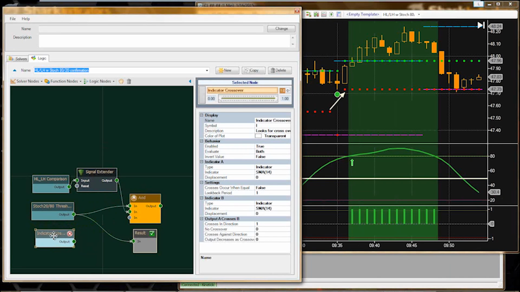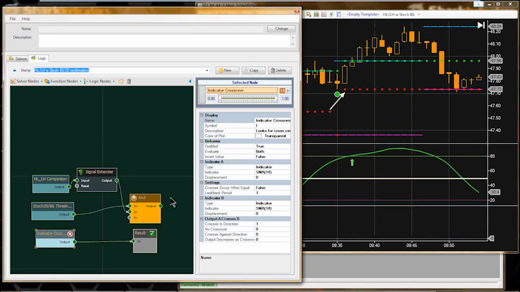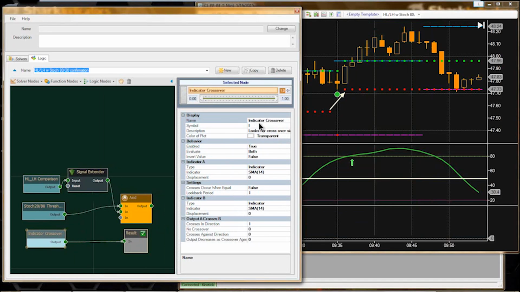For some reason on this machine, sometimes this crossover takes a little bit. So let's set this crossover to look for the stochastic to cross the 80 and 20. And let's see, we're actually going to have to do this in two parts.